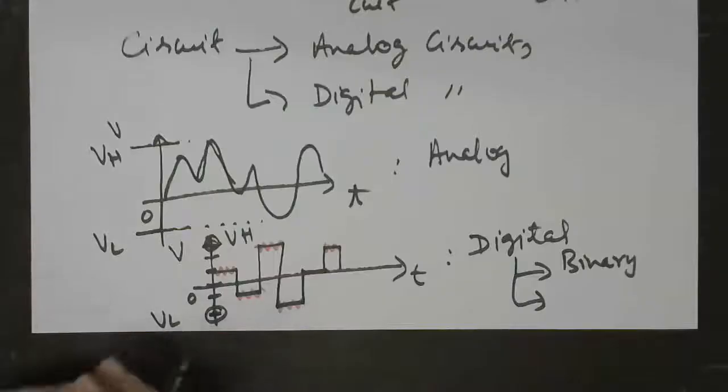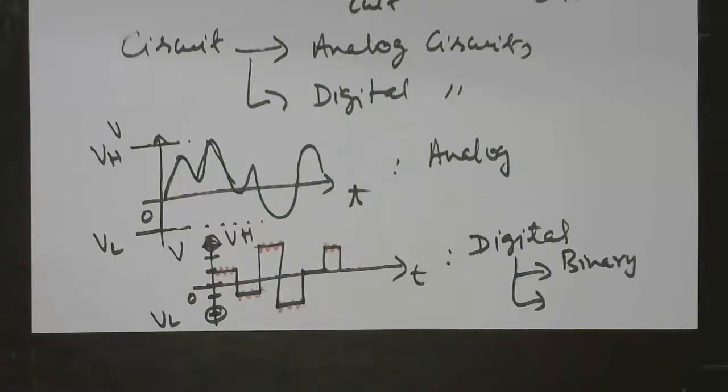And when implemented, it leads to another advantage, that they tend to consume less power compared with their analog counterpart. So predominantly, most of the circuits in today's world are digital.